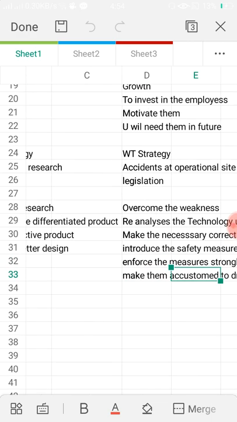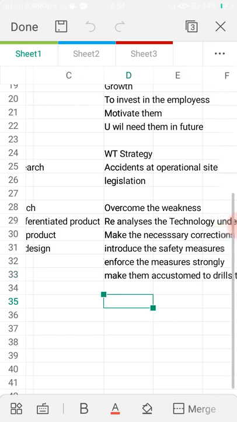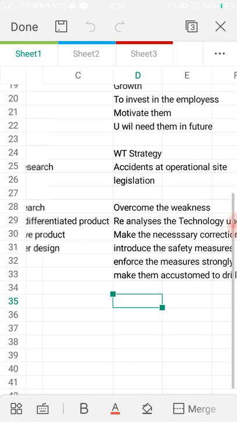Like if there are more than likely chances of fire, then definitely you need to accustom your employees to take part in these fire drills.